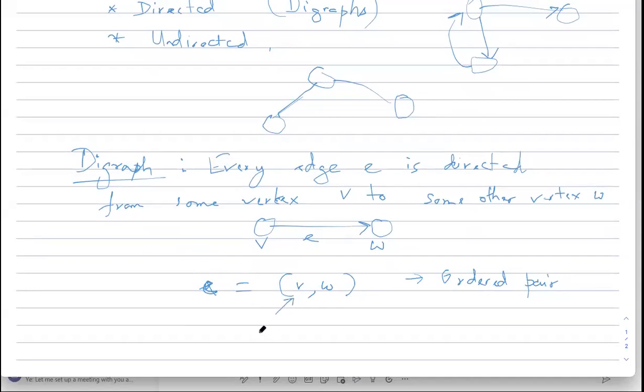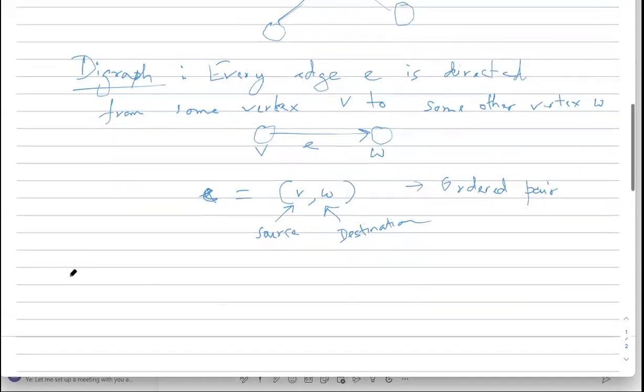So this V is the source, and this is the destination. Okay, what is an undirected graph?